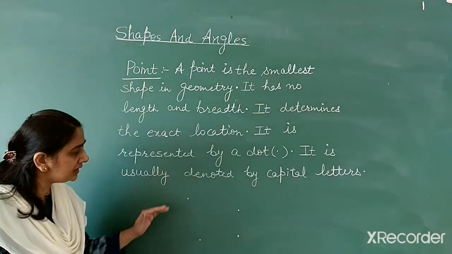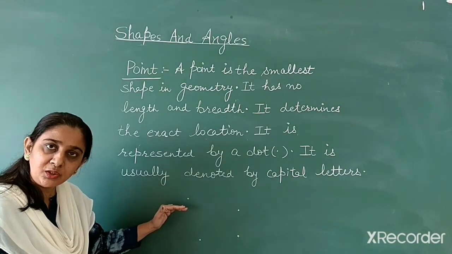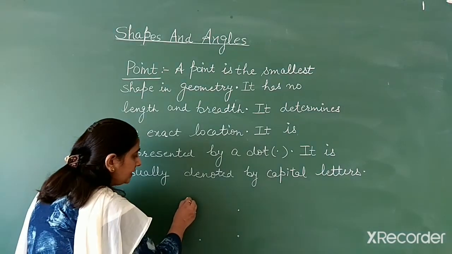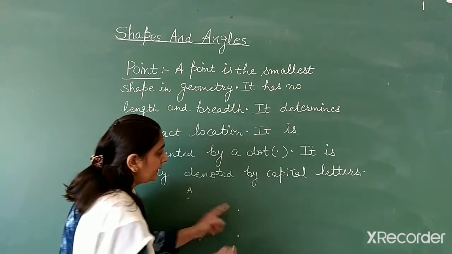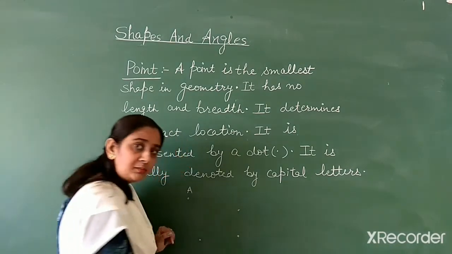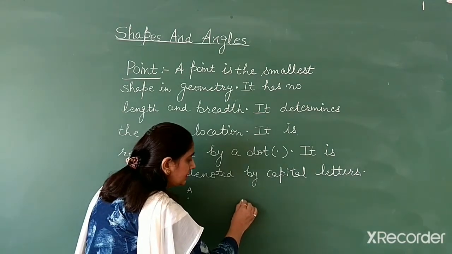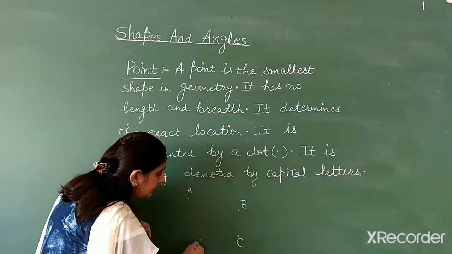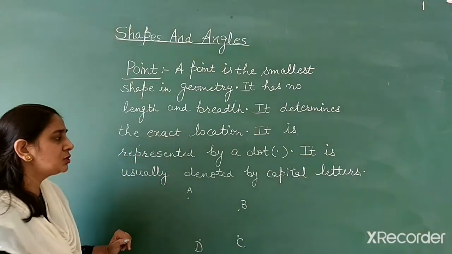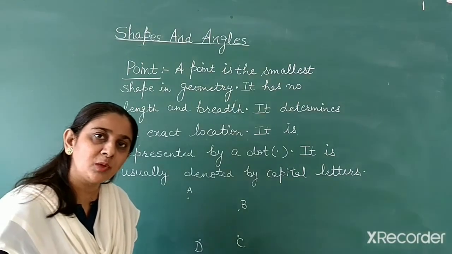Whenever we want to give a name to a point, we make use of capital letters. Like I want to give a name to this point. So, this is the point A. Now, I want to give a name to this second point. Say this is the point B, this is the point C, and this is the point D. So in this way, children, this was about the point.